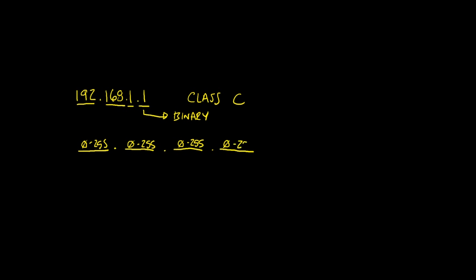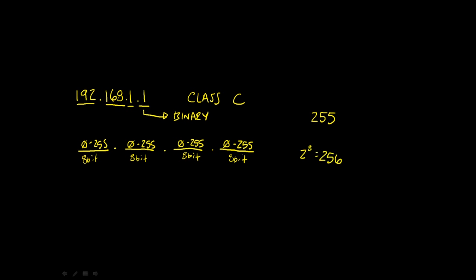Now, we learned in our last lesson the maximum number we can make in an 8-bit system is 255. And it's no coincidence that that is the case here. So each of these different sections is 8-bit. We can, of course, prove this because 2 to the 8th is 256.